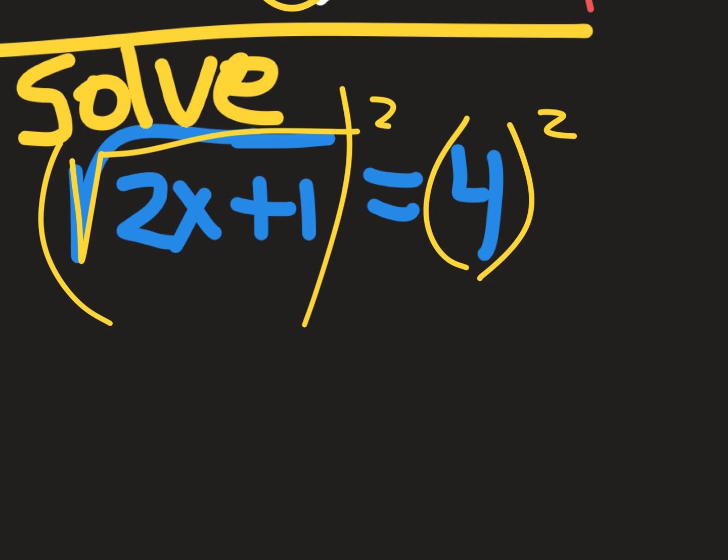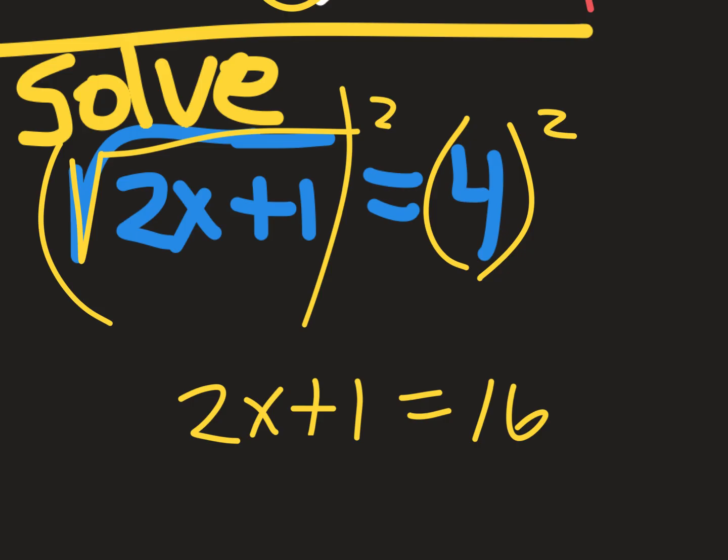Does squaring both sides make you get 2 answers? This happens in every hour. There's usually some kids that are saying yes, there's absolute values, and some kids saying no, and some that just look confused. When you square both sides, you do not get absolute values. So it's just 2x plus 1 equals 4 squared, which is 16. And then you just solve it and you subtract 1 and divide by 2, no big deal.